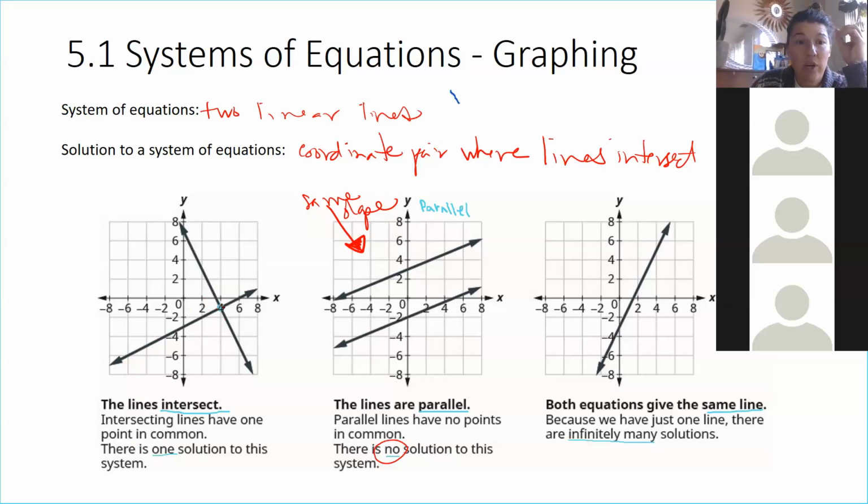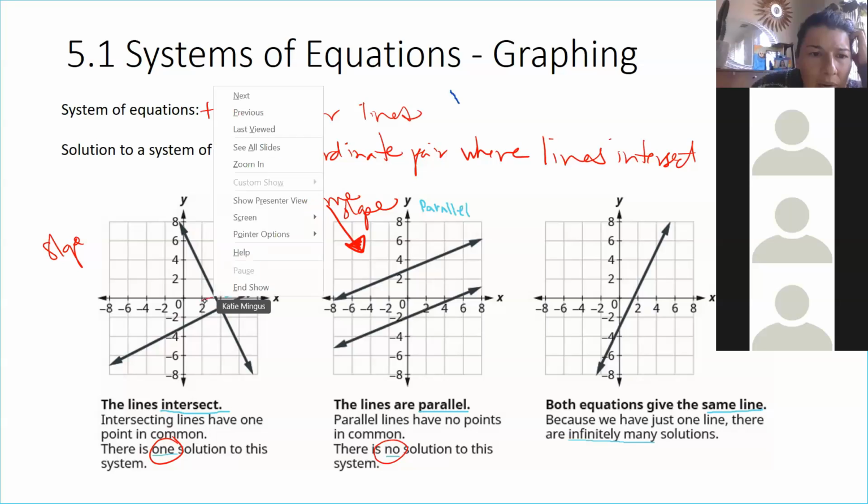Here is an example where they intersect 1 time. What do you notice about the slopes of these lines in this image on the left? They're negative reciprocals because they're perpendicular. Ooh, these ones are perpendicular, aren't they? Good. They look like they meet at a right angle, right?